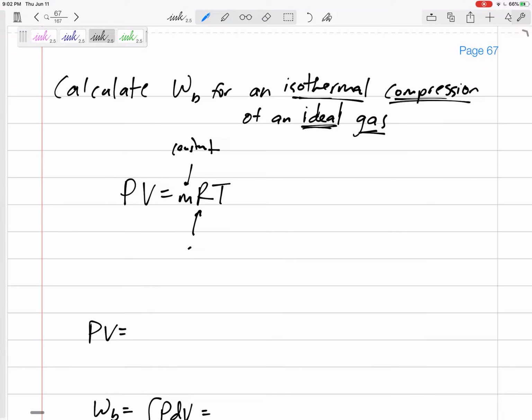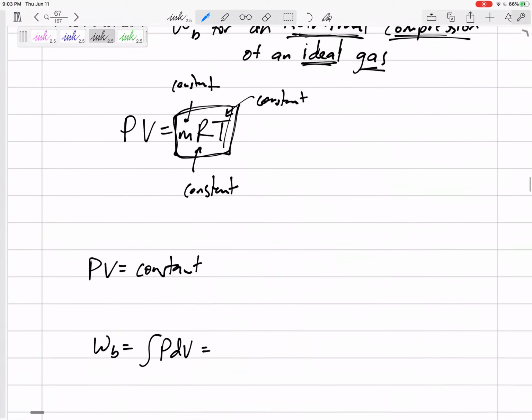Then R, the gas constant, is constant just because of the fluid that it is. And if it is isothermal, then T is constant as well. So if everything on the right-hand side, m, R, and T, is constant, that means PV is constant.